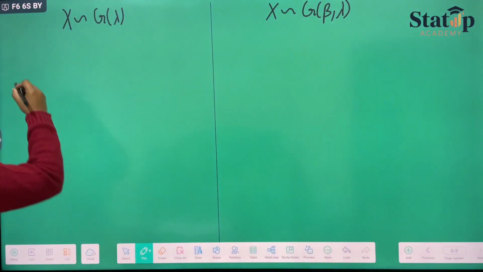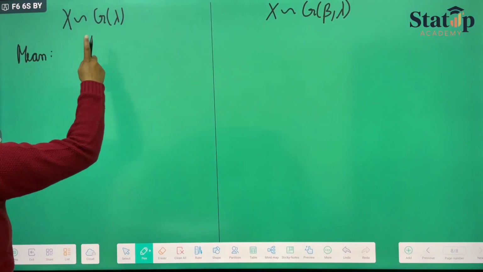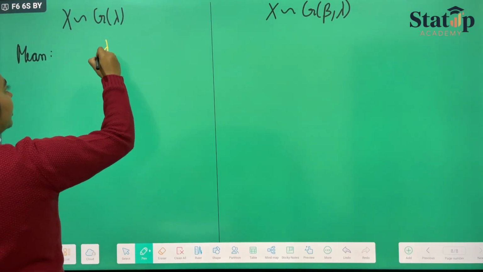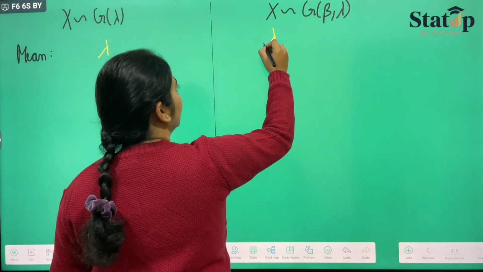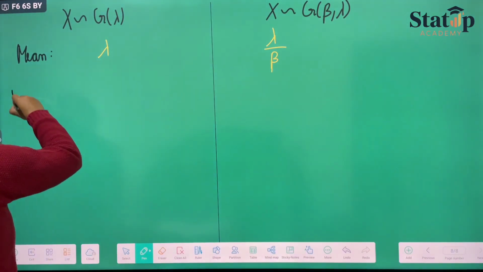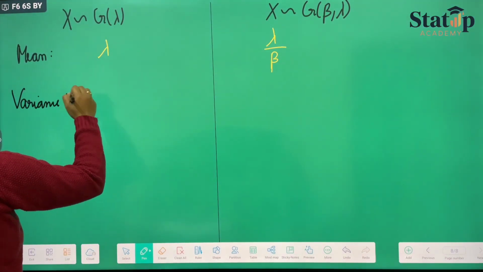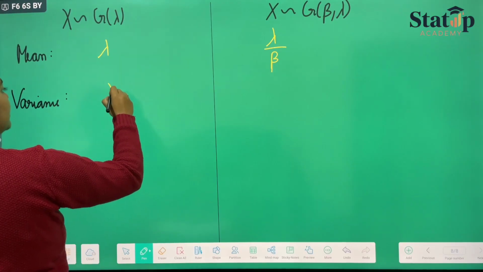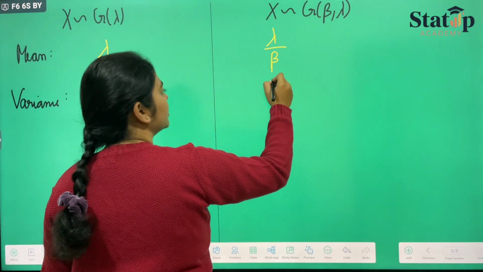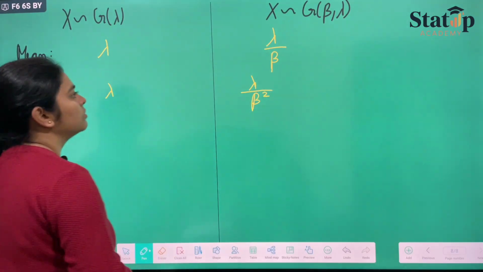The first property is mean. The mean of the first will be lambda, and of the second lambda upon beta. If we talk about variance, the variance of this will be lambda only, and the variance of this will be lambda upon beta square.